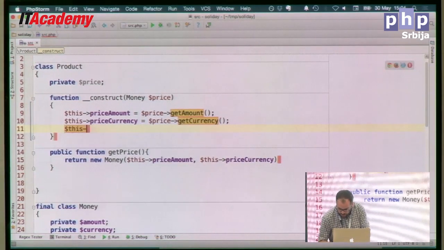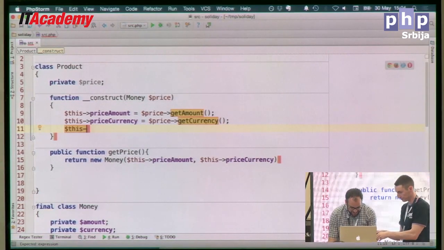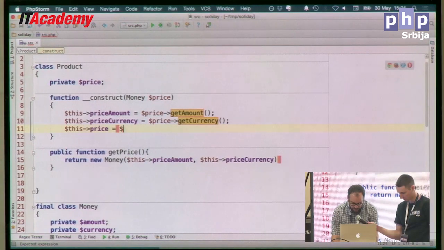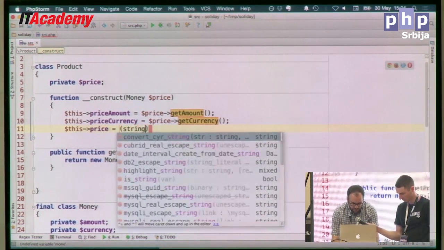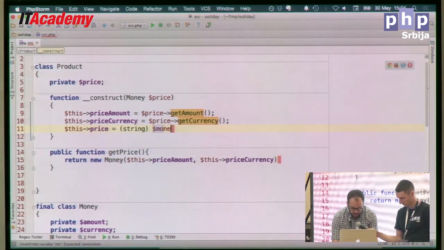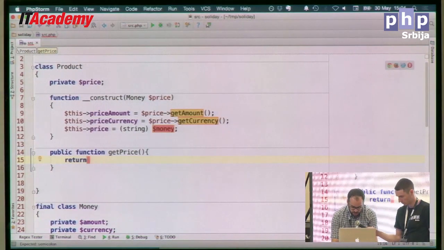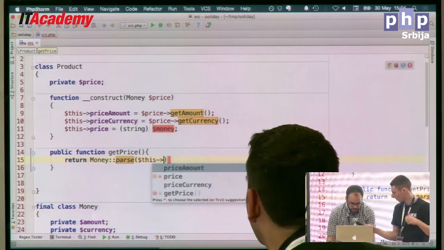Let me just put this down. So I could say this price is maybe cast to string, like this. And then here I could return money parse this.